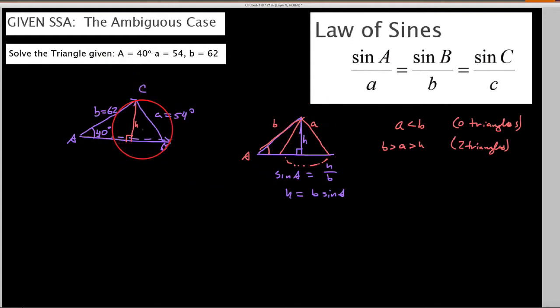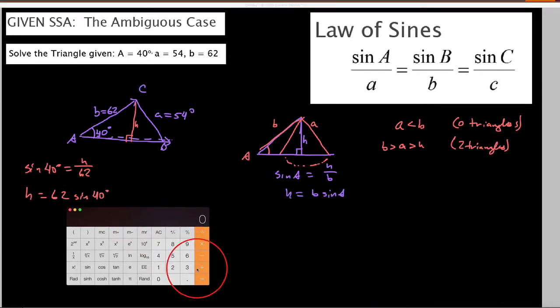We say this is 54. Just as a check here, I'm going to solve for h. We say that the sine of 40 degrees is equal to h over 62. And then h would be 62 sine 40. So if I were to check this out, we'll do the sine of 40 times 62.